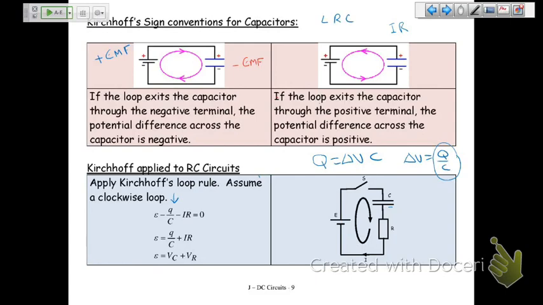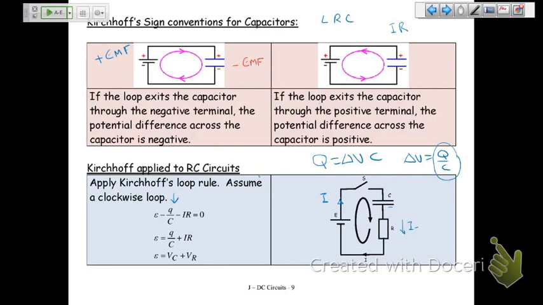And then I have my IR bit, and let's look at my current. I didn't actually show my current, shame on me, but that's my I. My current is flowing down, and my loop is flowing down, so that's a negative IR. So we get this little equation. Let's rearrange this: my EMF is equal to Q over C plus IR.